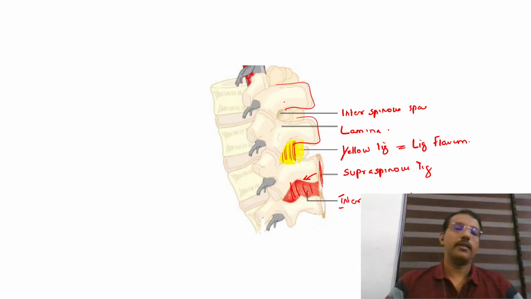After that, your needle reaches the dura and you stop it there. You don't puncture the dura. This is the dura. So these are the structures which are pierced when you do an epidural anesthesia. First one is the supraspinous ligament, then the interspinous ligament, third is the ligamentum flavum, and then you reach the dura. You don't pierce that and you deposit the drug outside the dura.